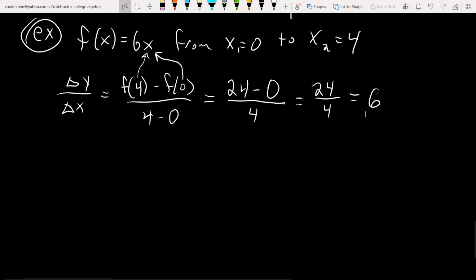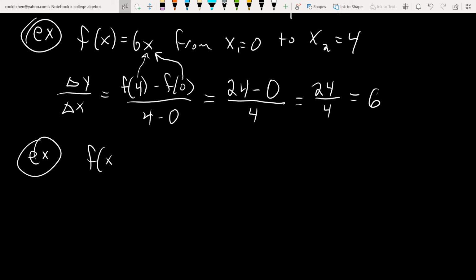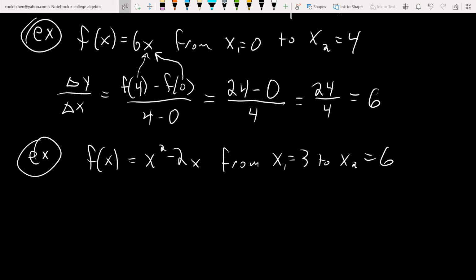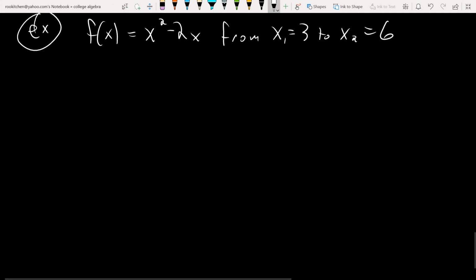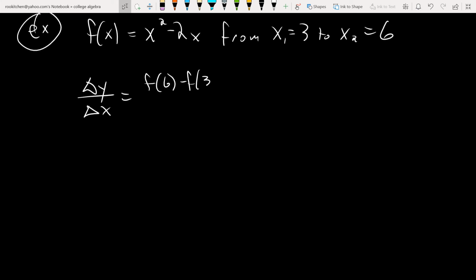All right, let's try another one. f of x equals x squared minus 2x, going from x1 equals 3 to x2 equals 6. Okay, let's set it up. Change in y over change in x is f of 6 minus f of 3 all over 6 minus 3.